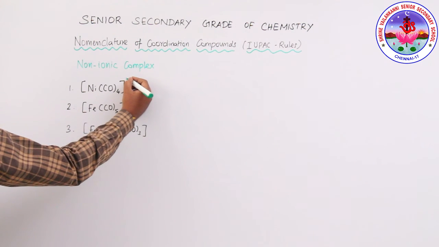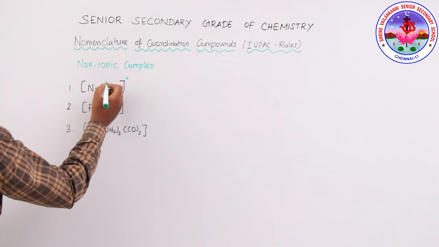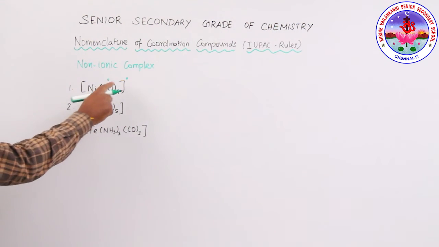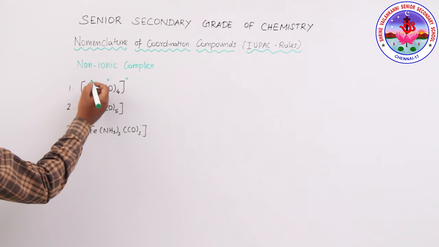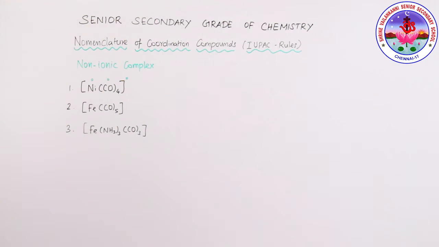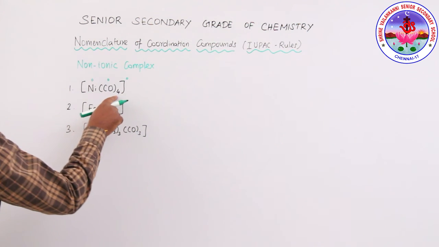Carbonyl has an oxidation number of 0 because it is a neutral ligand, so the whole term is 0. So nickel has 0 oxidation state. If it is 0, you simply write 0.